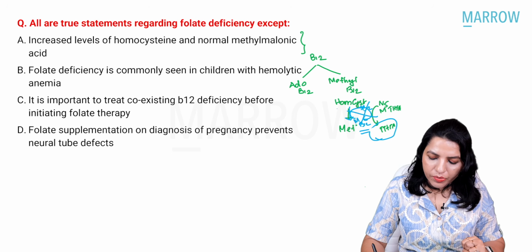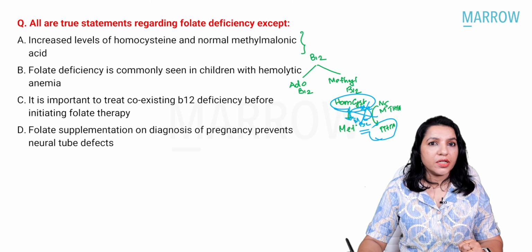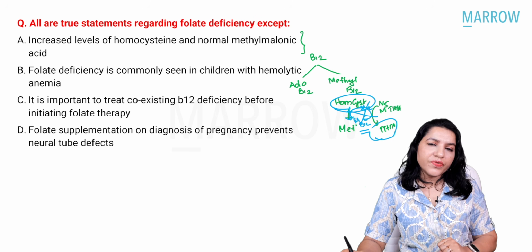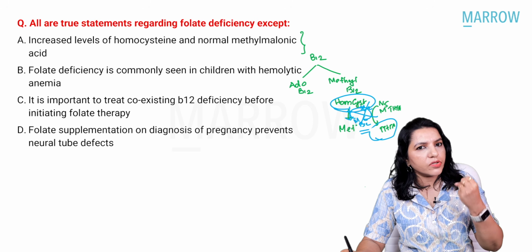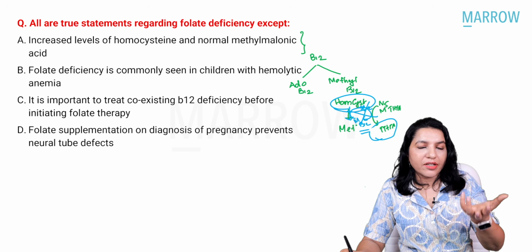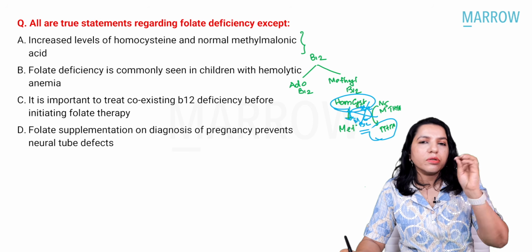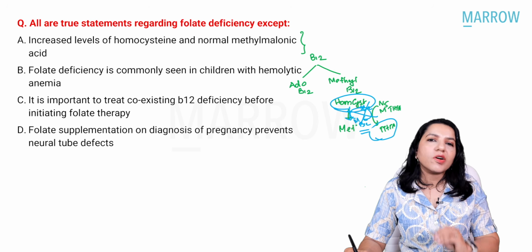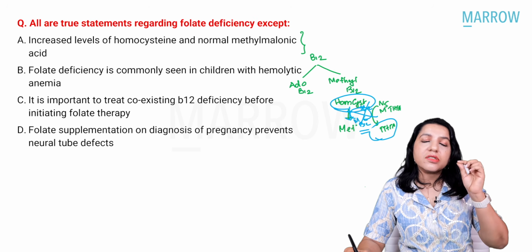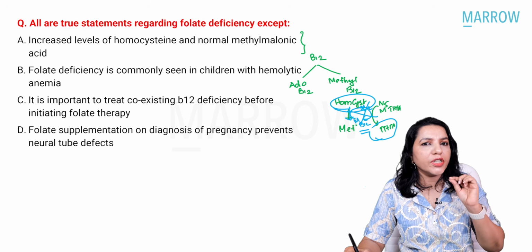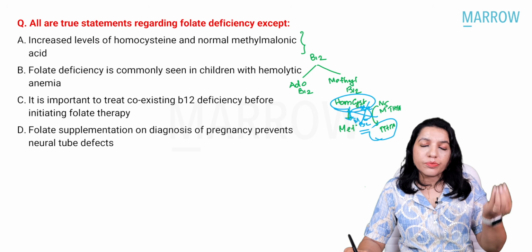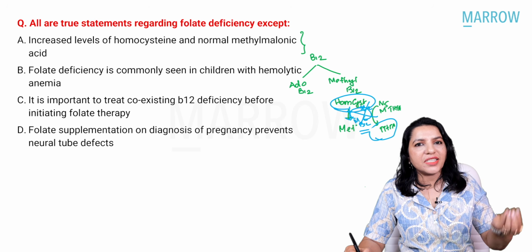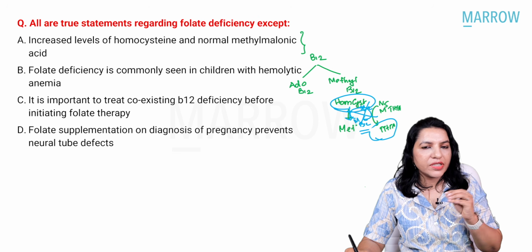So what will accumulate? Homocysteine accumulates. If the B12 deficiency is also there, then homocysteine accumulates. Why? For this reaction, B12 and folic acid are both needed. So the homocysteine to methionine conversion will not take place, which means the homocysteine level is increased in both folic acid deficiency and B12 deficiency.